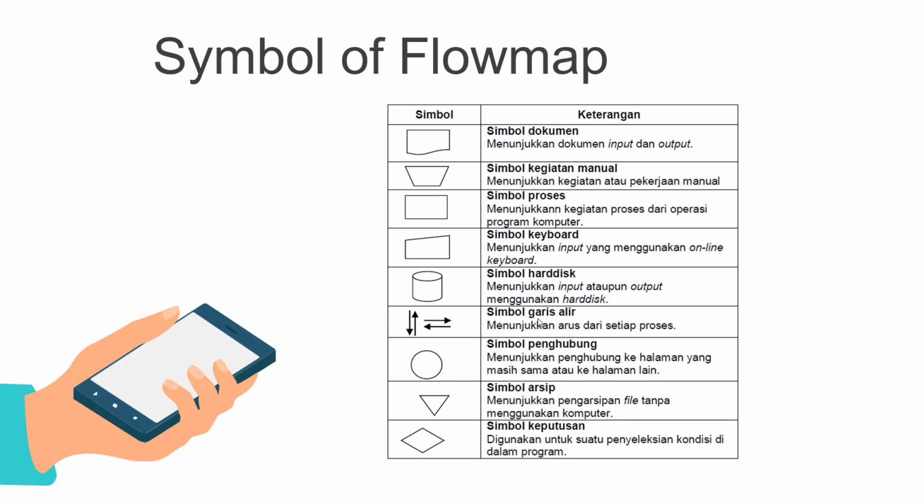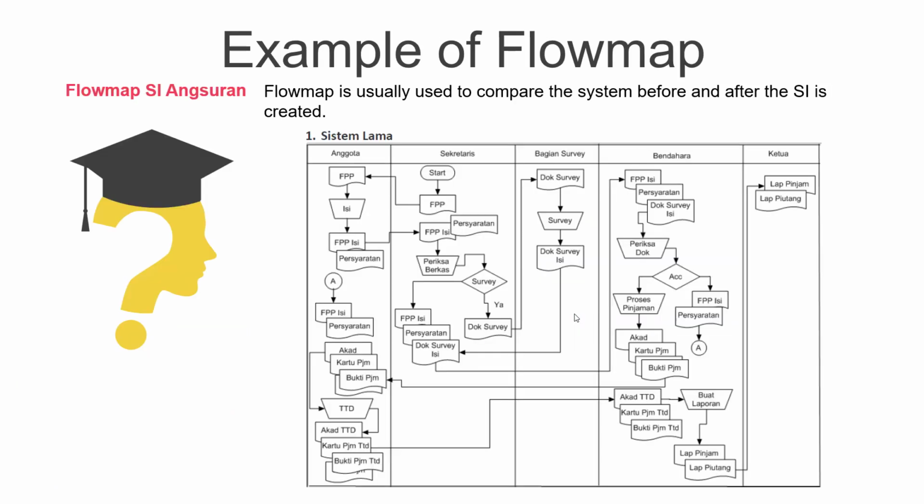And then the symbol garis alir, the direct steps. This is the symbol for the connector, and the symbol for archive, and the symbol for decision. You also know about these symbols.